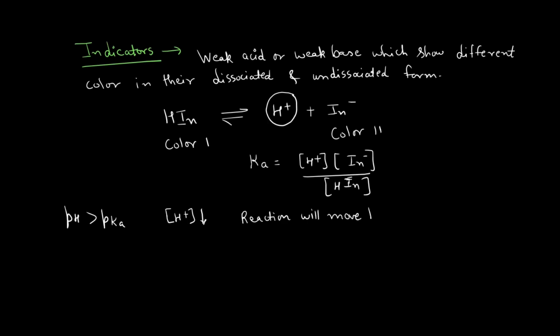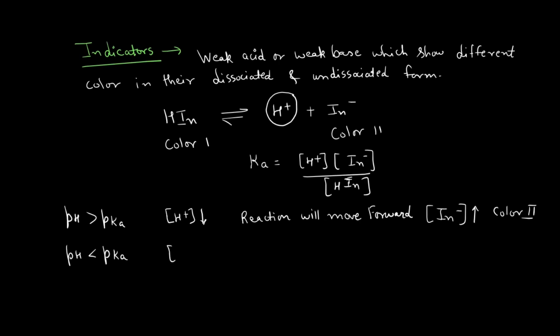Therefore we will have more of the IN negative ions in the solution, the concentration of IN negative increases and HIN will dissociate. So therefore it will show color 2.